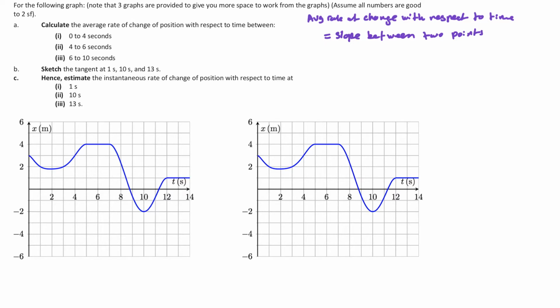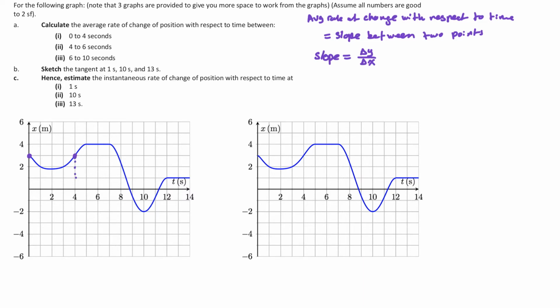So the first mark here is given based on the recognition of this idea. Then the slope is going to equal rise over run, or delta y, or change in y over change in x. So between times 0 and 4, this is time 0, and this is time 4.